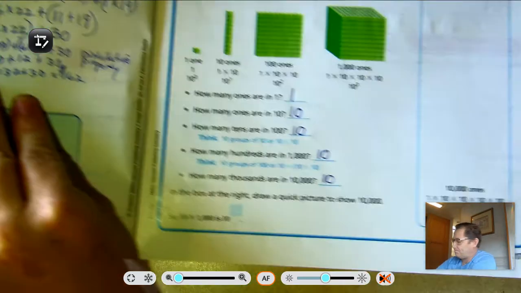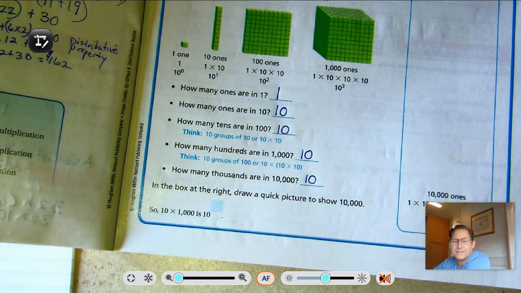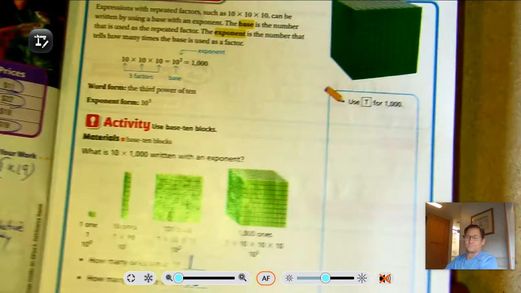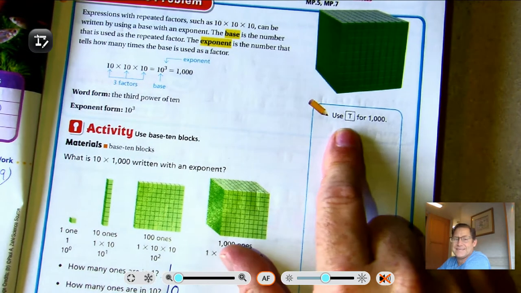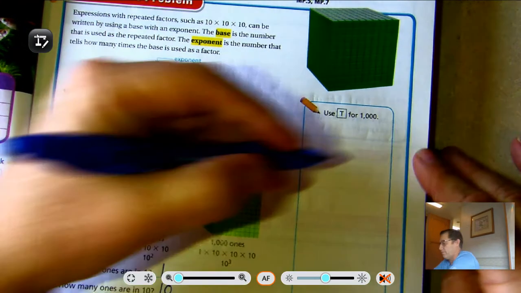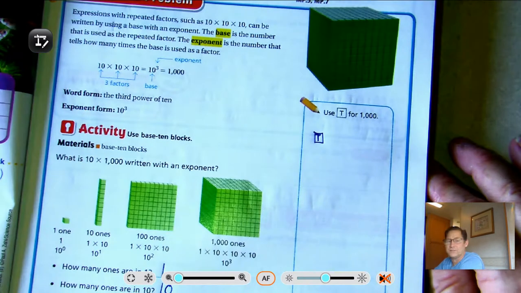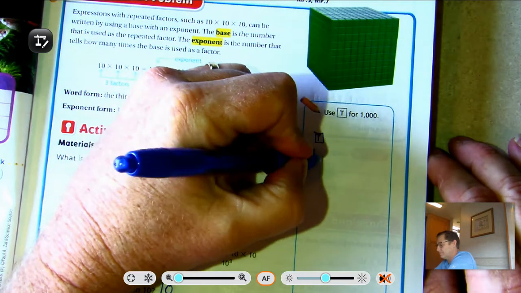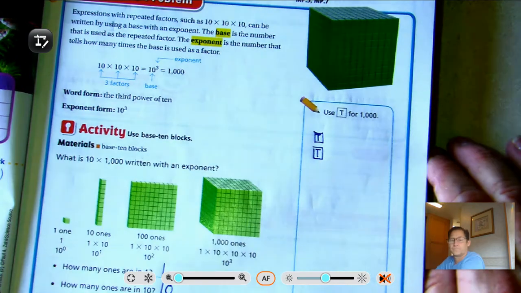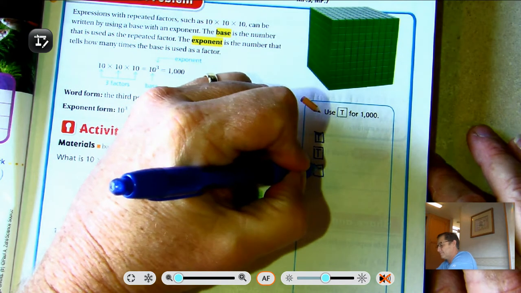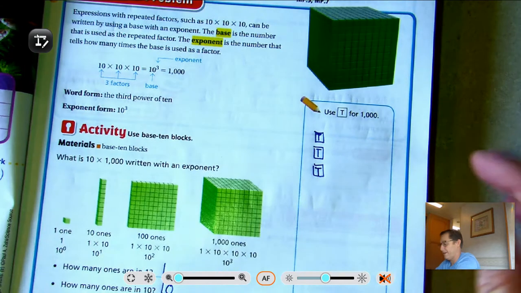So in the box at the right, let's draw a quick picture to show 10,000. So it says use a box with the T in it for 1,000. Okay, well, that's 1,000. 2,000. 3,000, so on, right?